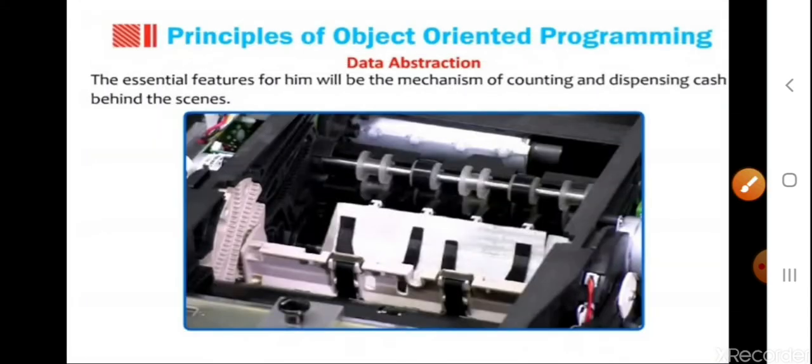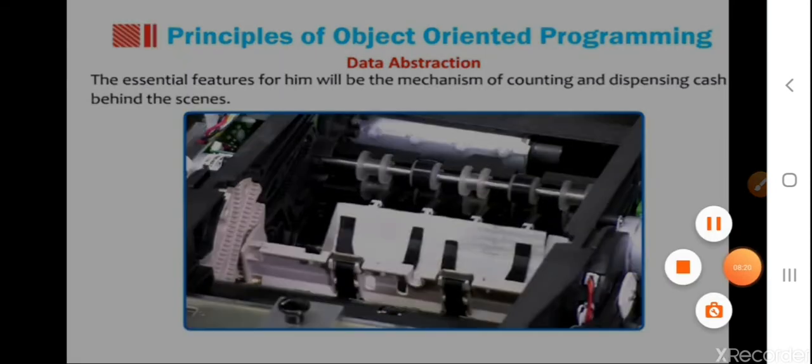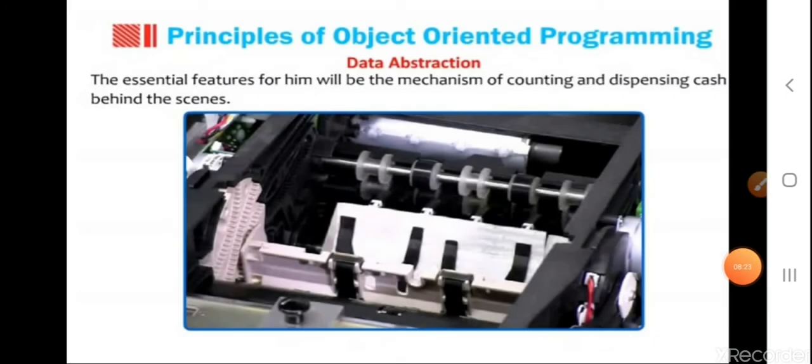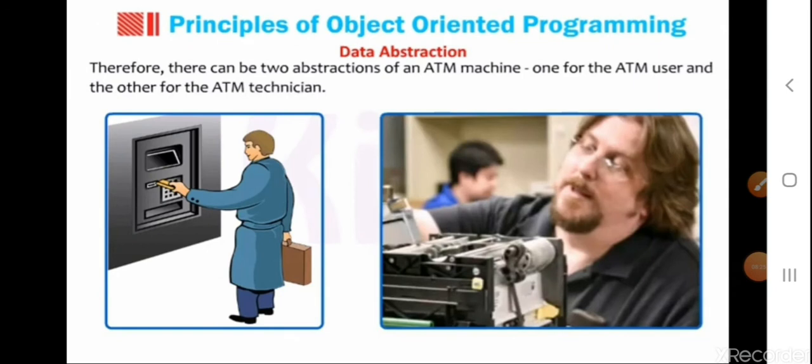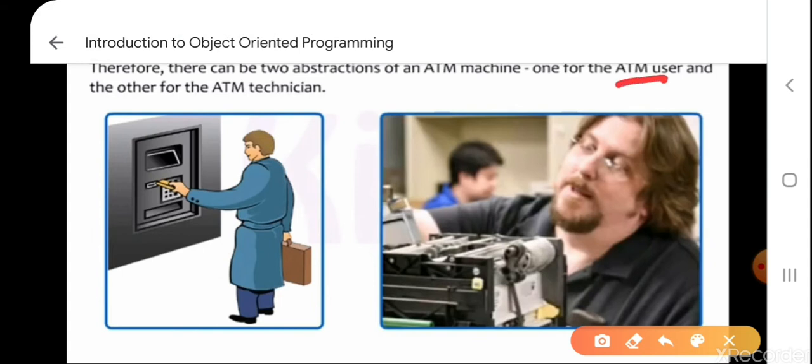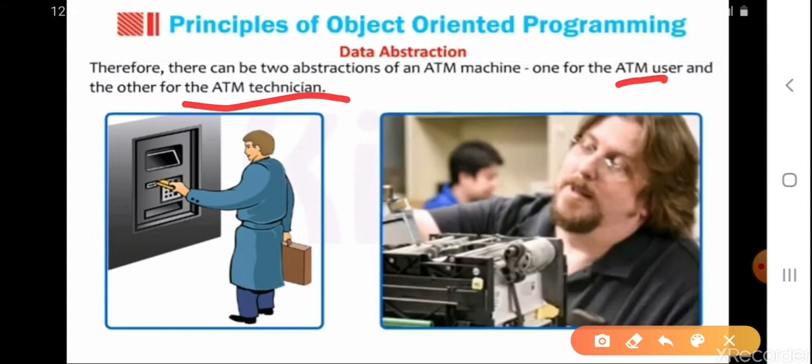The essential features for him will be the mechanism of the counting, the dispensing of the cash behind the scenes, and so on. Therefore, there can be two abstractions of an ATM machine, one for the ATM user and another for the ATM technicians. And there can be many other levels of abstraction for the same machine.